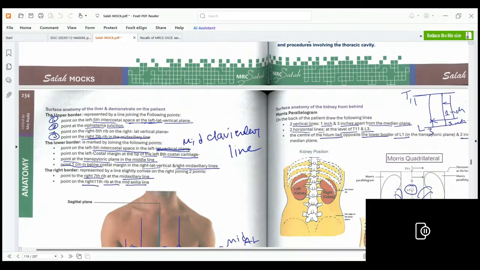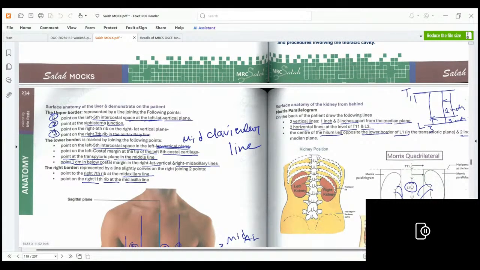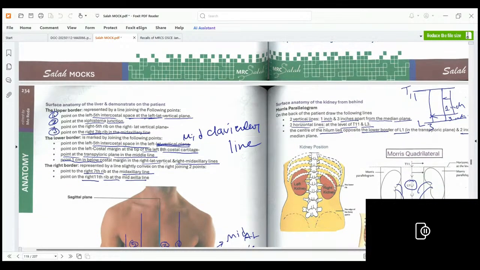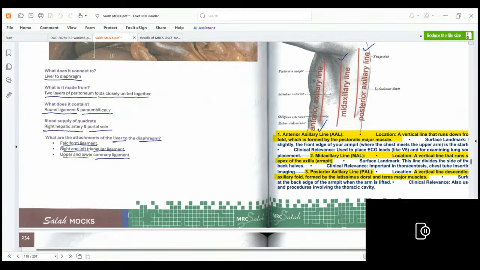I don't remember that there. But now it is okay. Now I think at least liver, and before liver what we studied, this anterolateral line, mid posterior, these two.